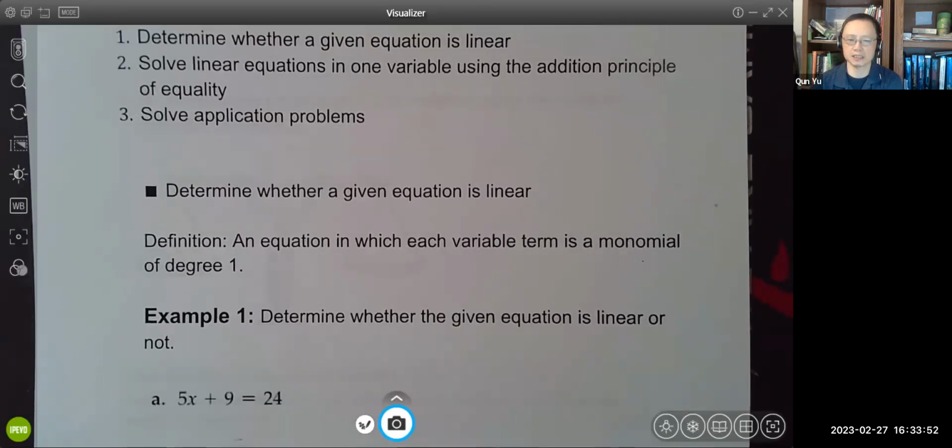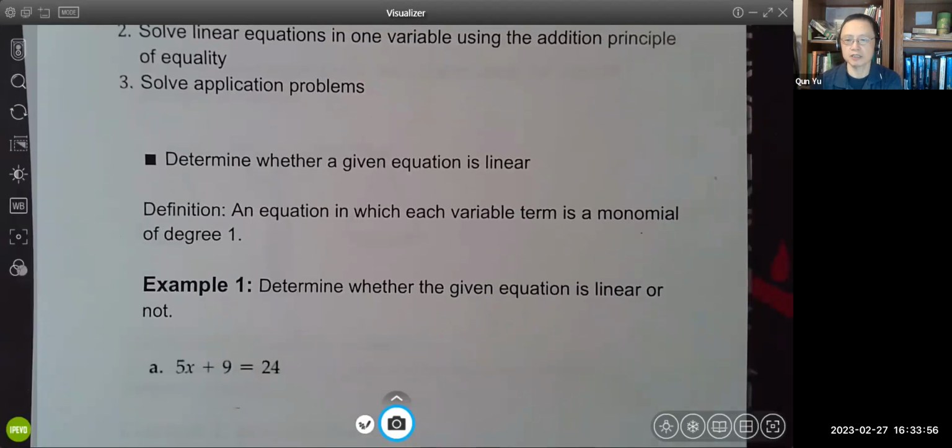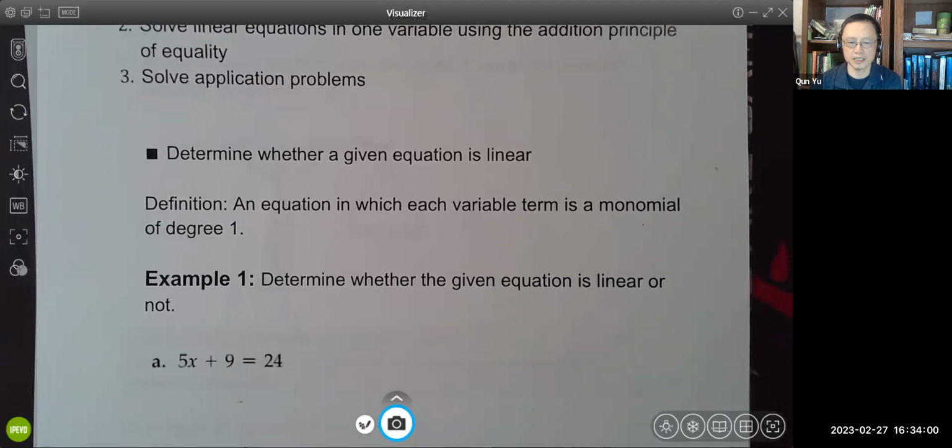Now, let's look at our first example. Determine whether the given equation is linear or not. So our equation A, we have 5x plus 9 equals 24. Now we only have a one variable term in this equation, and this variable term has a degree of 1.